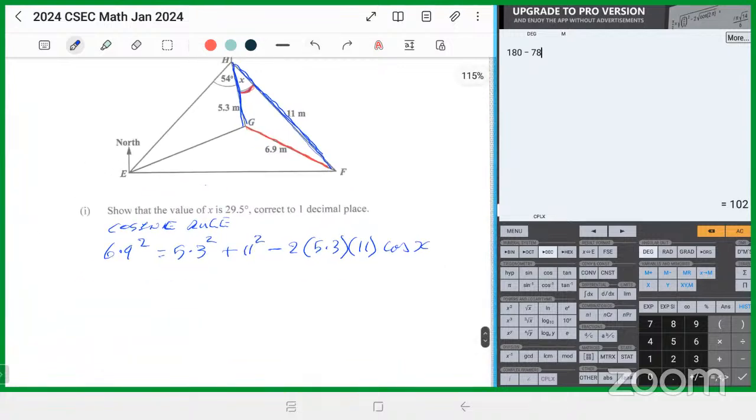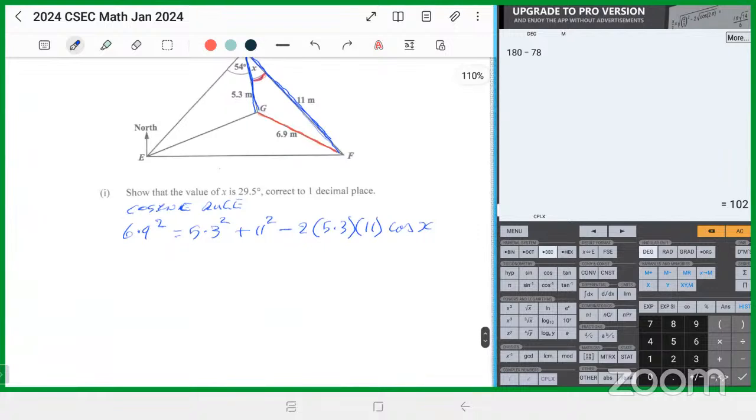All right, so how will we transpose this to find x? I'm going to copy the whole line down and actually animate the transposition. I'm just going to copy this down, paste it here, and animate the transposition. So what happens is that we want to make this the subject, right?